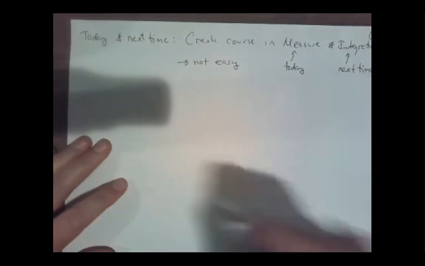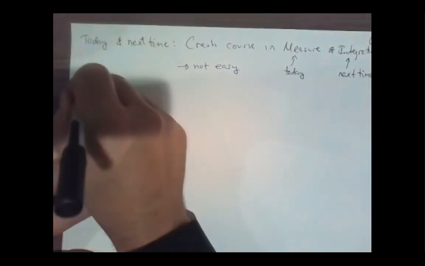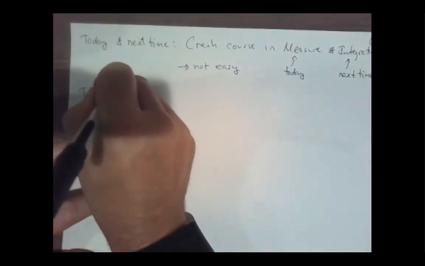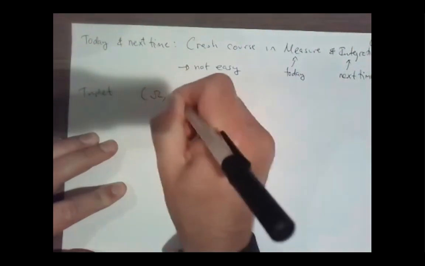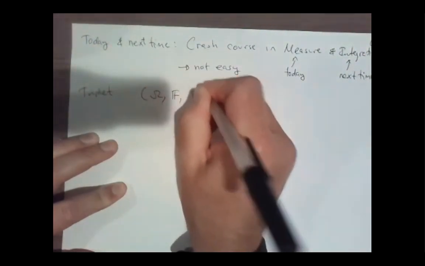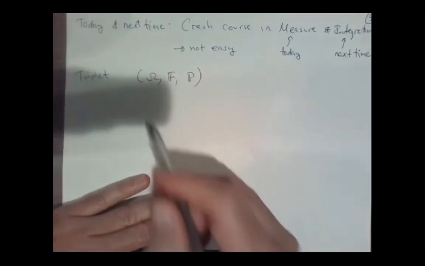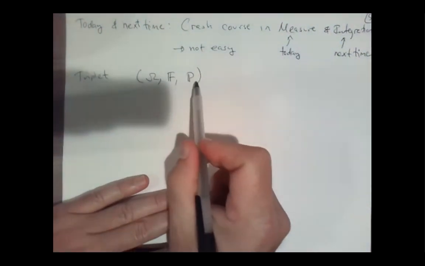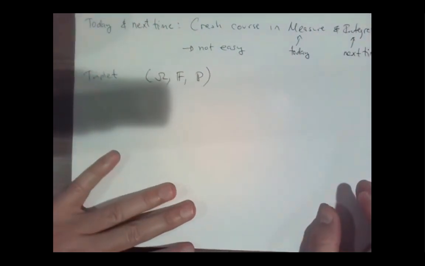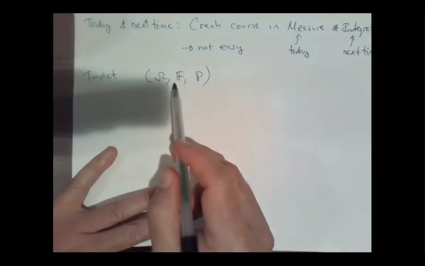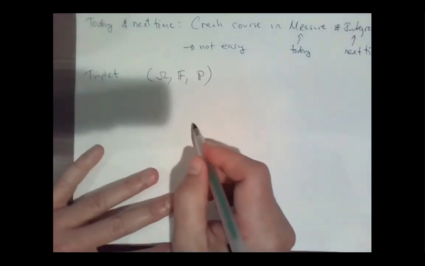Okay, so the goal is to look at a triplet. This is called omega, F, P. There are 3 symbols in here: omega, F, and P. So we're going to be spending some time talking about each component. So this is a probability triplet.